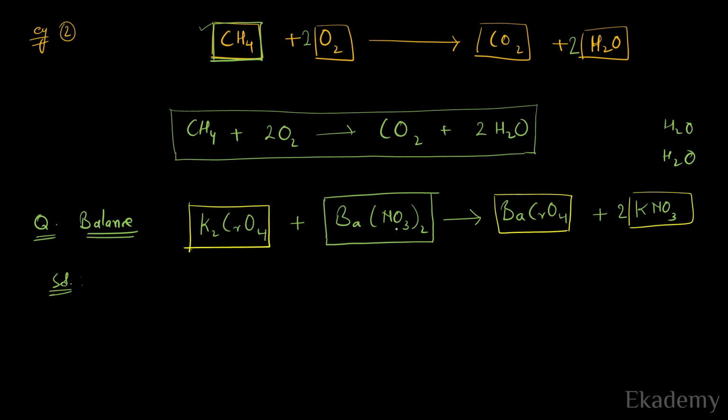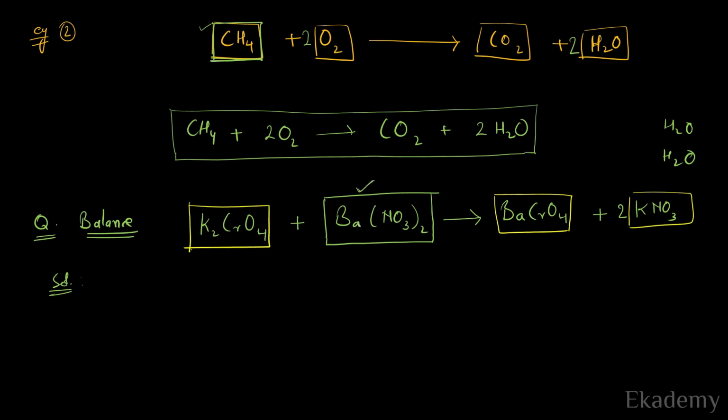Here we have 6, and also we have 4 oxygen this side. So there are 10 oxygen atoms this side. So oxygen is already balanced. 6 plus 4 on the reactant side, and 6 plus 4 this side. So overall 10 oxygen atoms and 10 oxygen atoms, both sides, it is balanced.